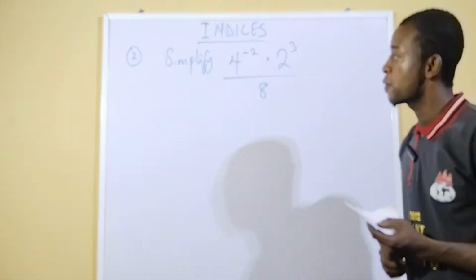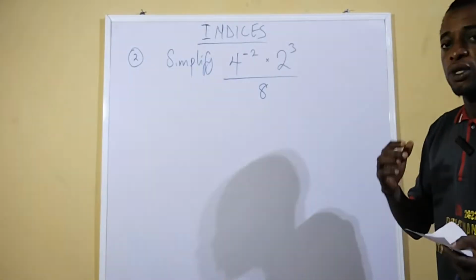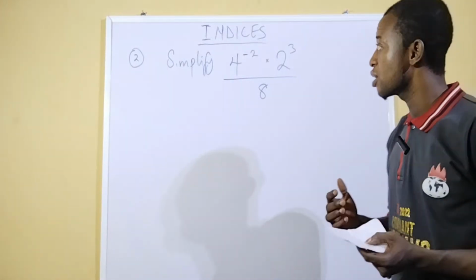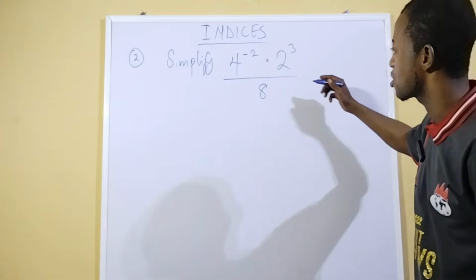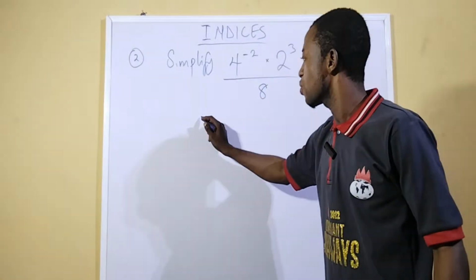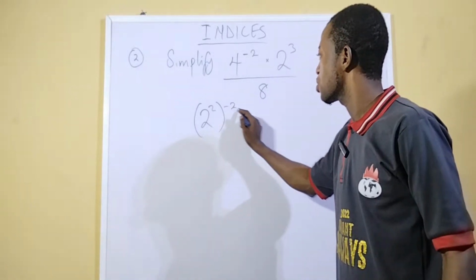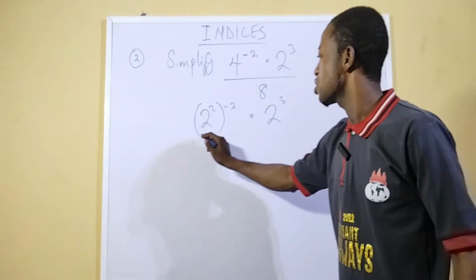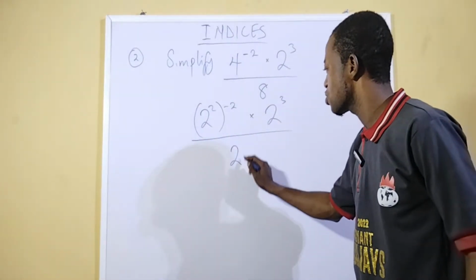Because in indices, the first two laws apply when the bases are the same. So we can make this have the same base. We can write 4 as 2 squared, which is raised to power minus 2. Then times 2 raised to power 3, which is divided by 8. Also, we can write 8 as 2 raised to power 3.